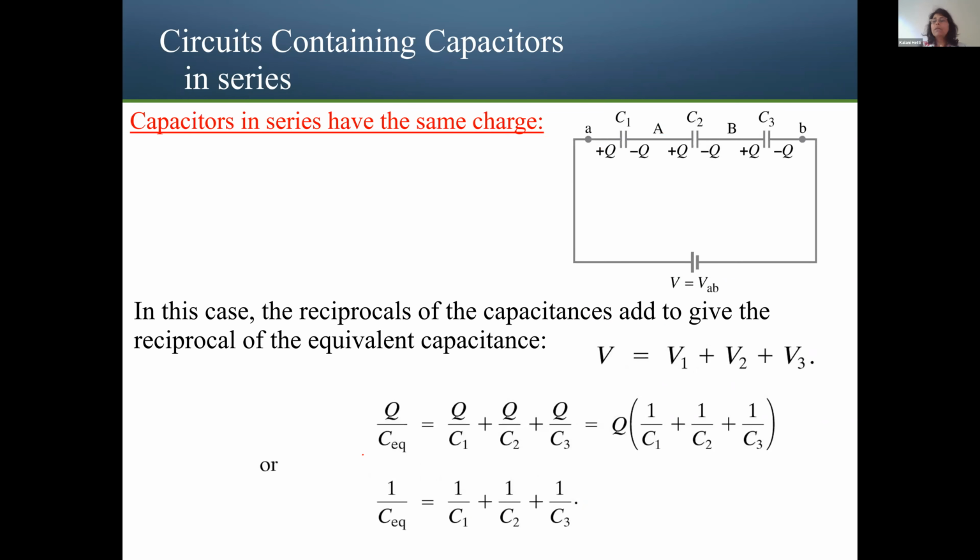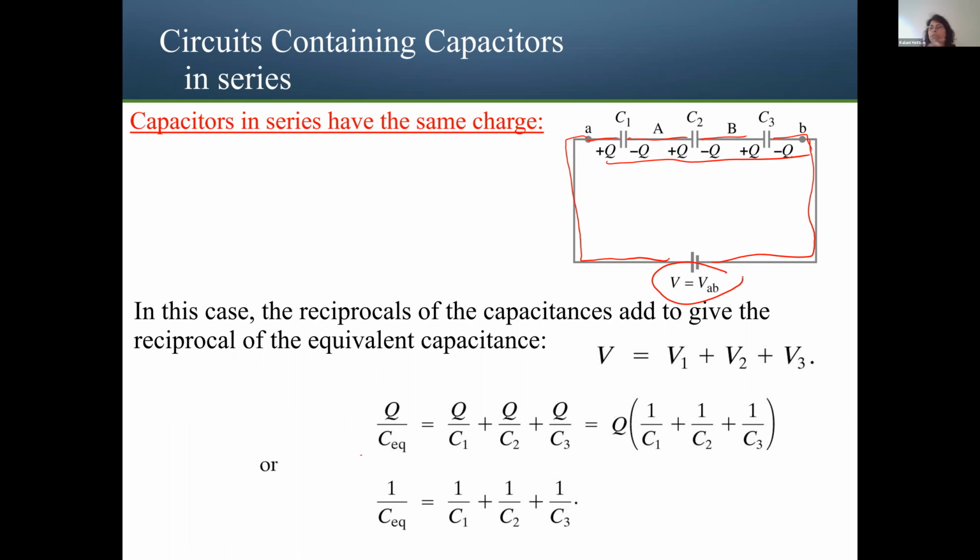Okay, so now they will sometimes be in series. When they are in series, that means they are connected in a single wire, a single loop circuit that we're going to discuss later. But the charge of each capacitor is the same. So they have the same charges, but they may have different voltages. The voltage is divided into three parts according to the capacitance value.